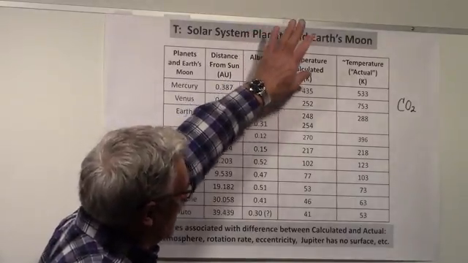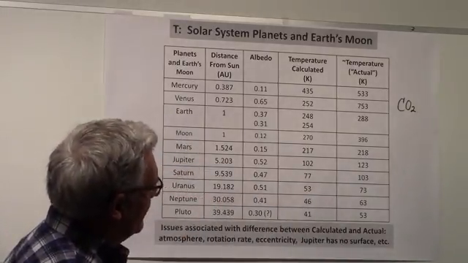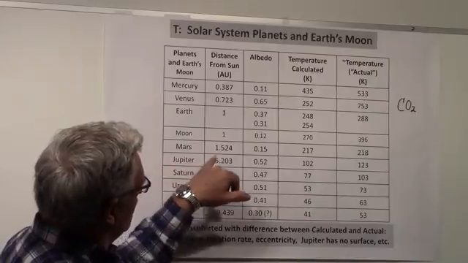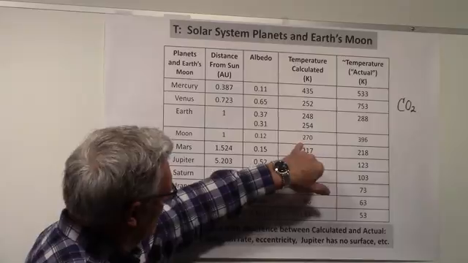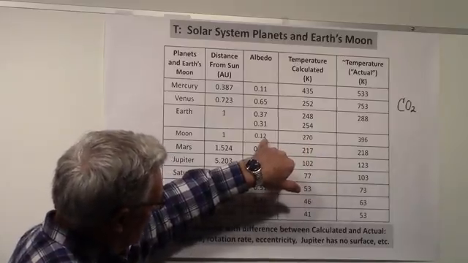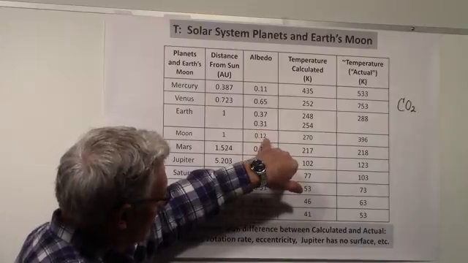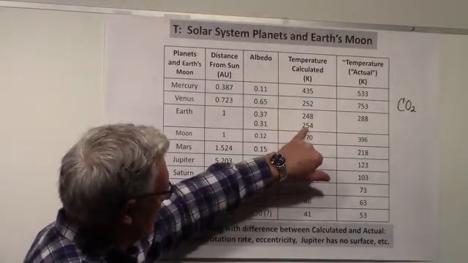So that is why the temperature is so high for Venus. The moon is a dark object, so the albedo is a small number, so more of the sun's energy or power is absorbed by the moon. So its temperature is higher than what we calculated for the Earth.